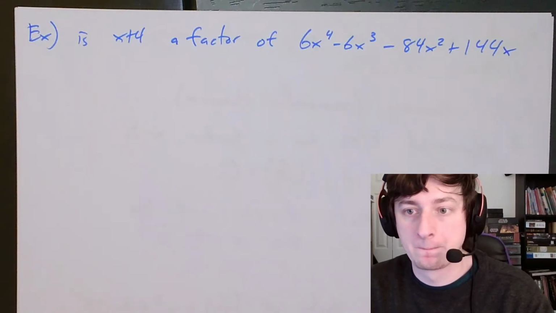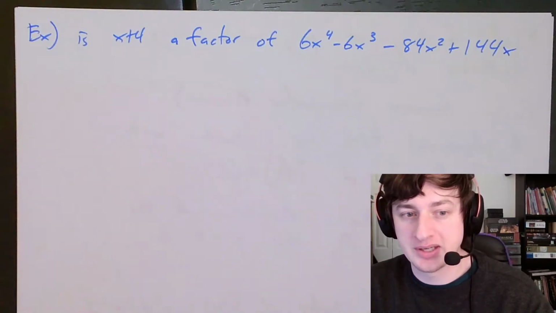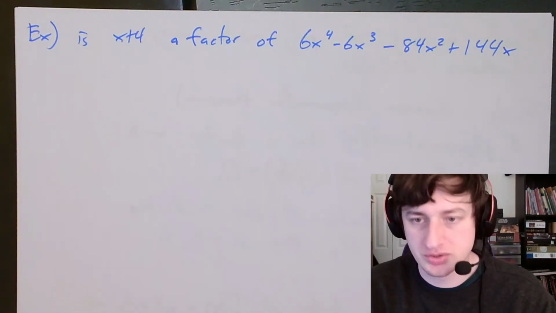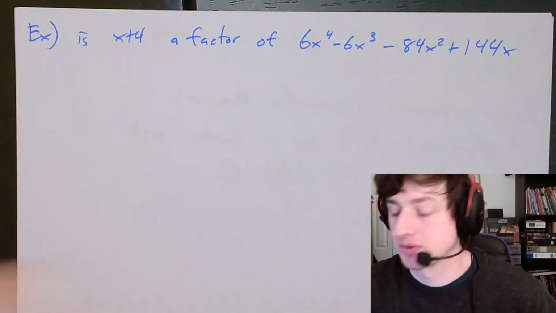There is a greatest common factor here that you could take out, but we're just going to go straight to the synthetic division. And so we'll have to see. I'm not sure this is going to work.